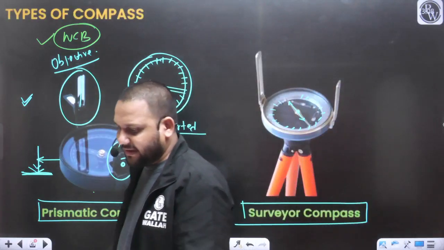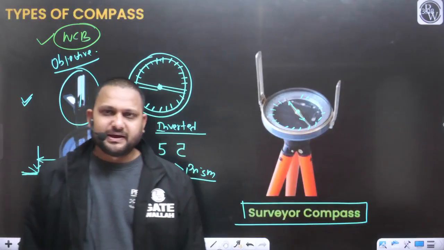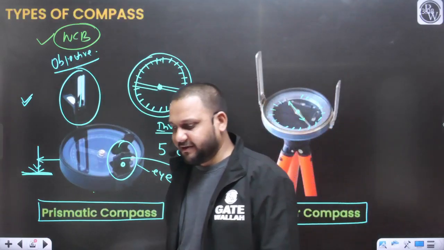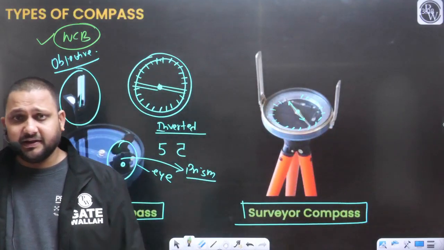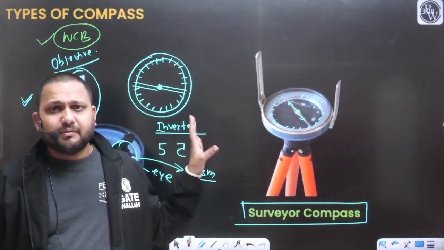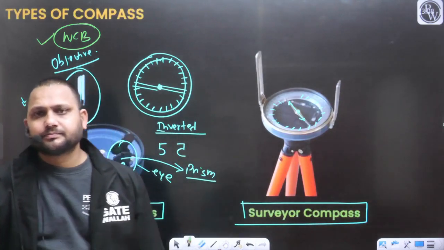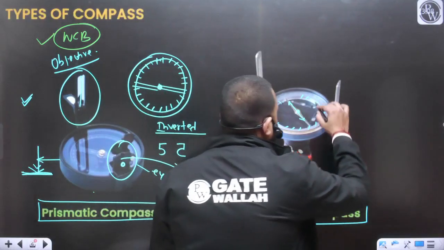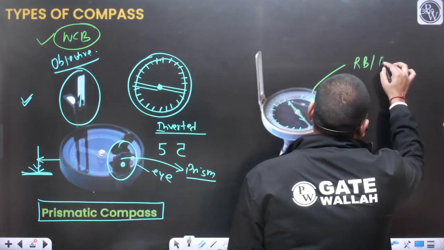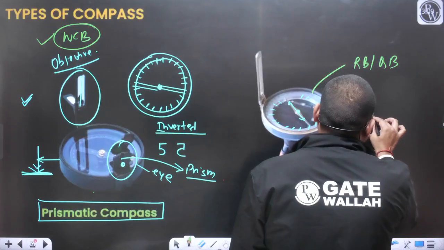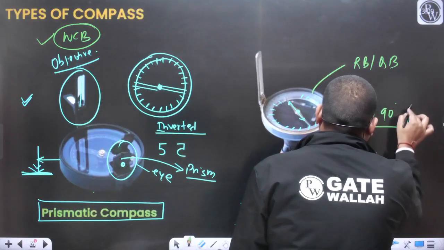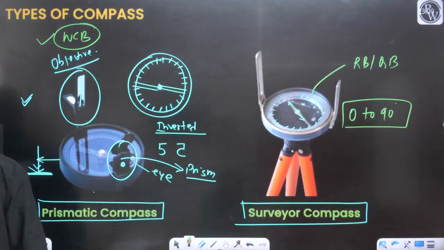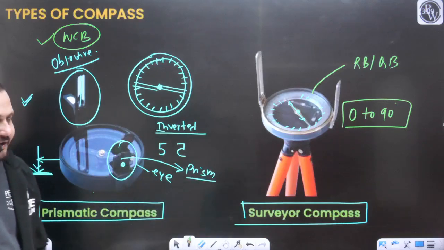Whenever we measure the bearing from the prismatic compass, the bearings will vary from 0 to 360 degrees. So can I say it works based on the WCB system, and our surveyor compass is based on the RB or QB system, because the range of the bearing you can find with the help of this surveyor compass is going to be 0 to 90 degrees.